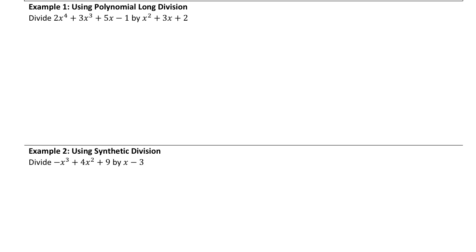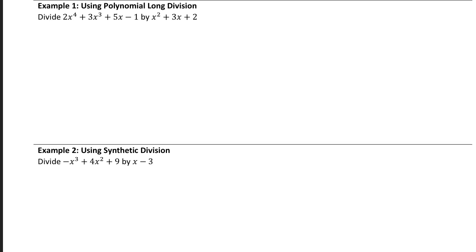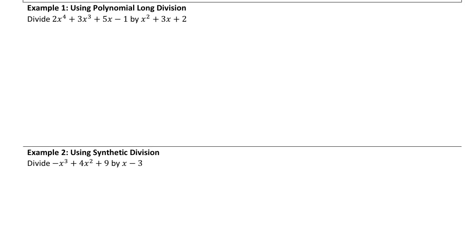division. So the way we set up long division, and I hope I give myself enough room here, we take the polynomial that's being divided and we write that on the outside, okay? So I'll show you what I mean by that. I'm going to write x squared plus 3x plus 2.